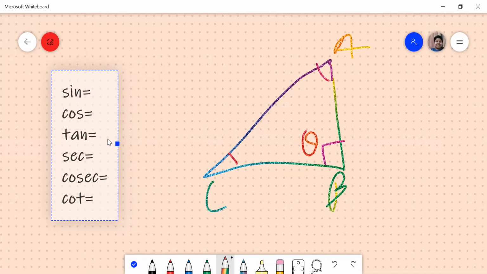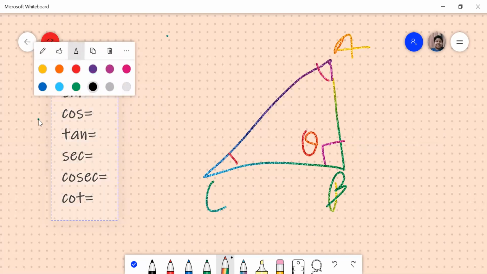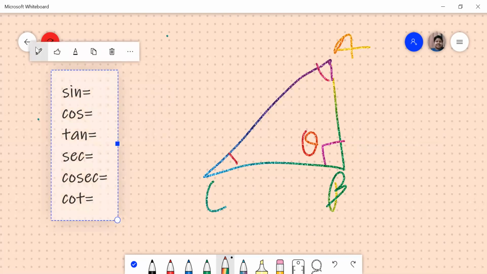So let's move on to the formulas for this. I made a mistake here. We need to leave some space.